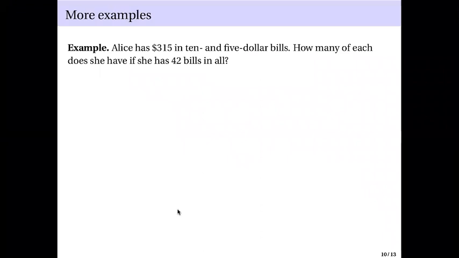Let's start with the introduction of variables. Let x be the number of tens, and y be the number of fives.